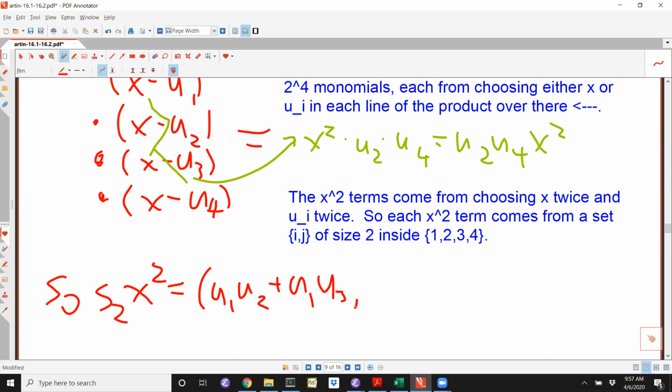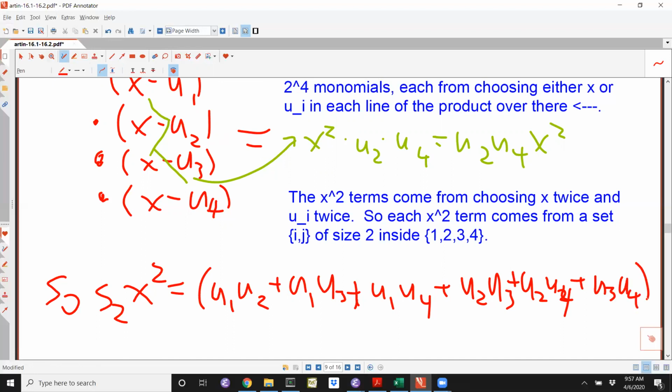You'll see pretty quickly why you usually don't write these out explicitly. Plus u1 u4, or you could have picked u2 u3, or u2 u4 as we picked over there, and now u3 u4, times x squared.